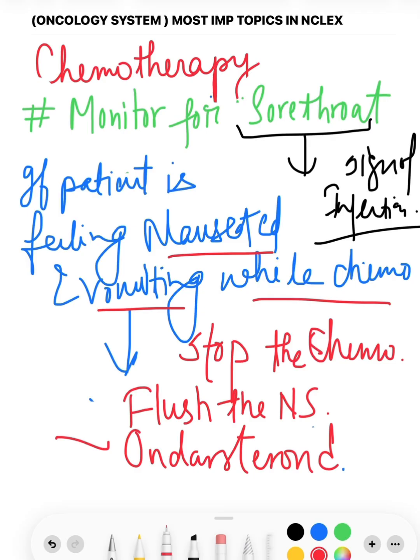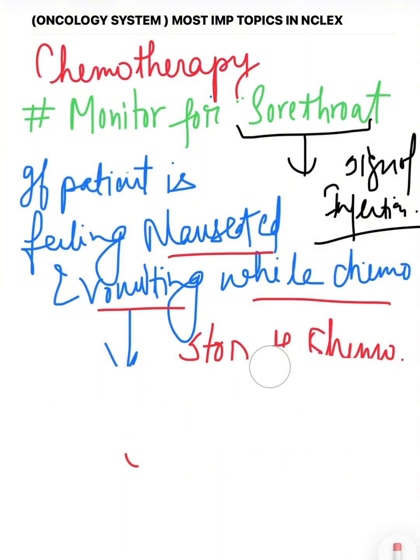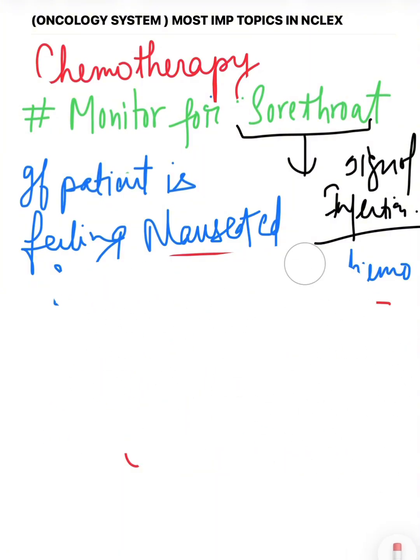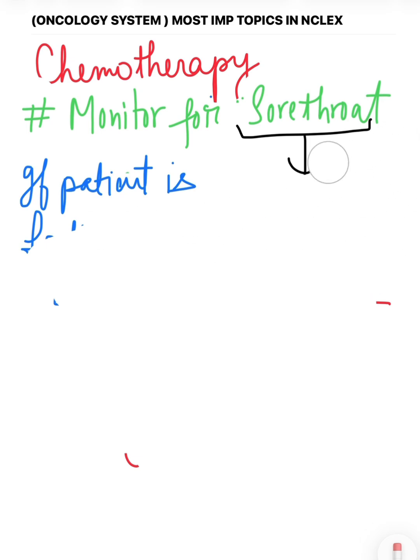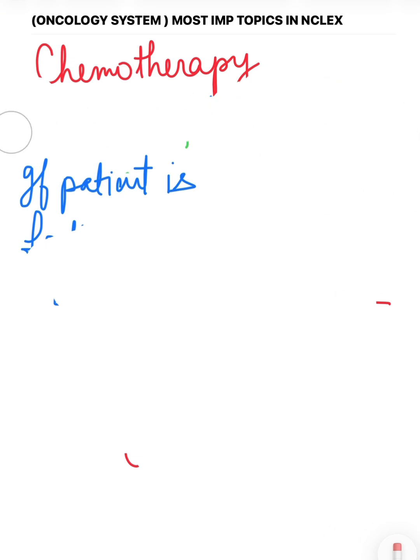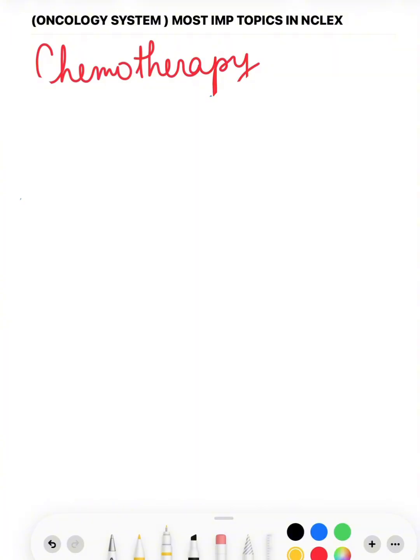There are some more points: give soft, pureed or easily digested foods, and rinse their mouth with NS or water after every meal. If the patient has alopecia, use a cold ice pack on the scalp, and before chemo give them a choice of wig and educate them to use a scalp tourniquet.